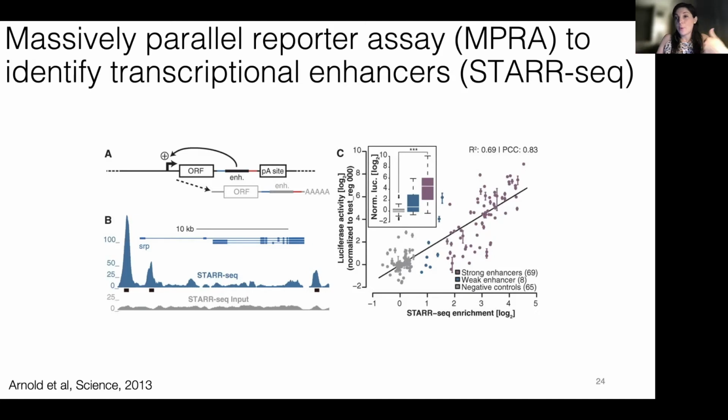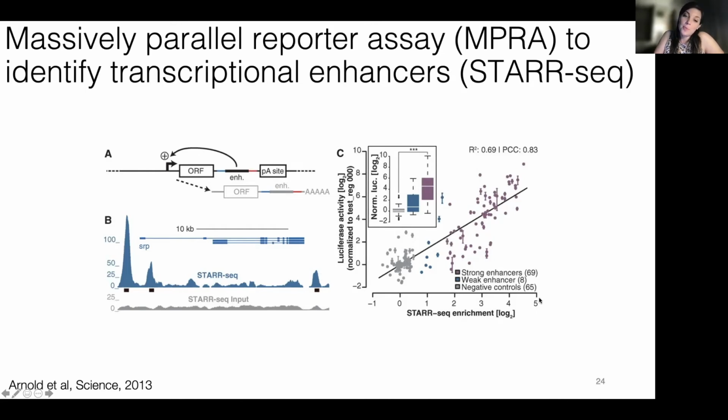Massively parallel reporter assays let you do reporter assays like those luciferase assays everywhere, all sorts of places across the genome. And there's one that helps us identify transcriptional enhancers. It's called STARR-seq. And essentially, if you have an enhancer region that you're interested in, you can do that genome-wide, and you would have reads that come out from the sequencing assay.